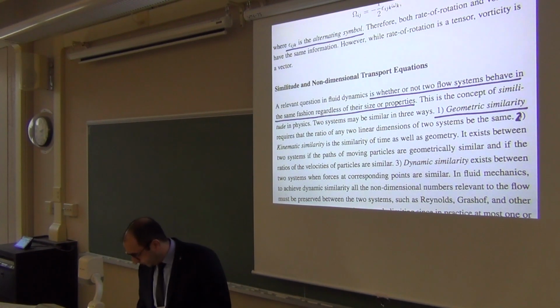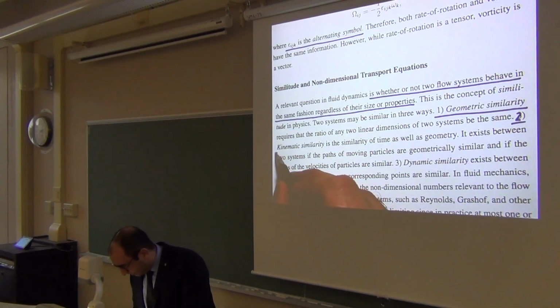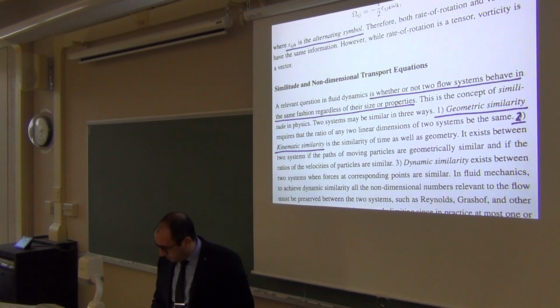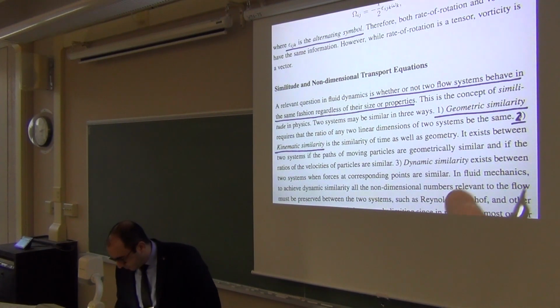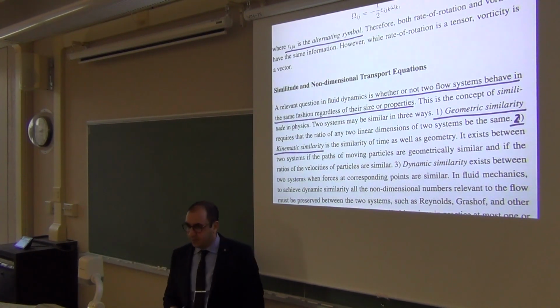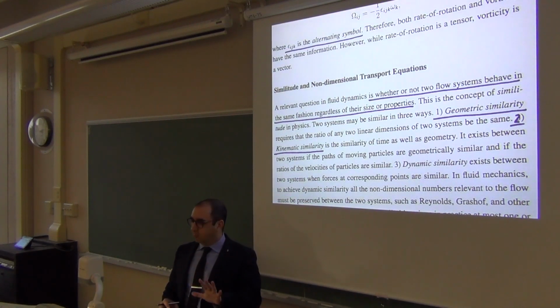So that's condition 1. The other one is kinematic similarity, which means the paths of moving particles are geometrically similar, and the ratios of the velocity of the particles are similar. So now I'm talking about motion in the system.